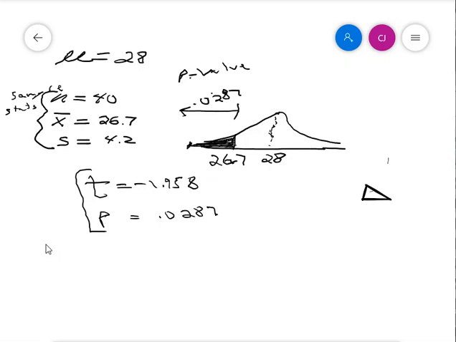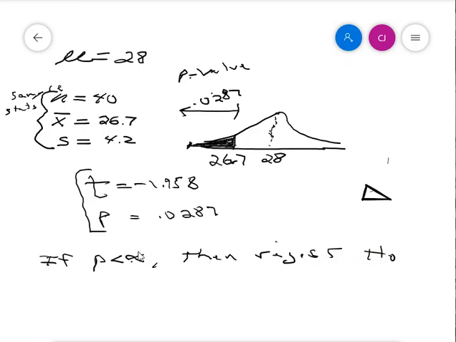Okay. So basic idea that I'll keep reminding you of. Here's a general rule. If P is less than alpha, then reject H sub 0.